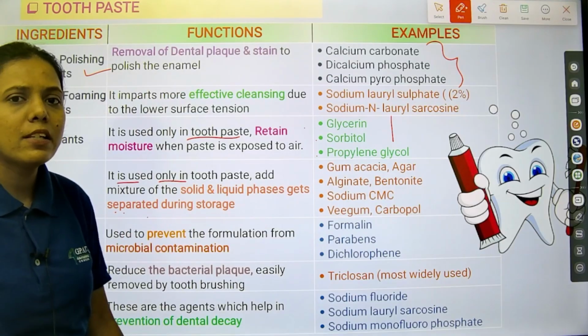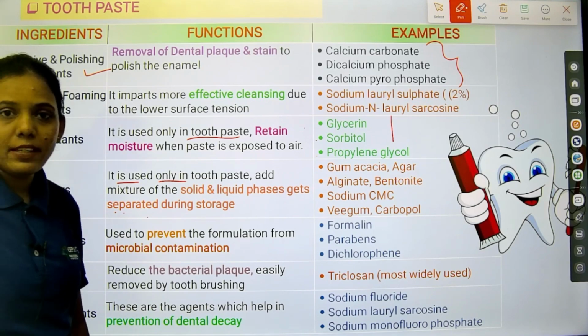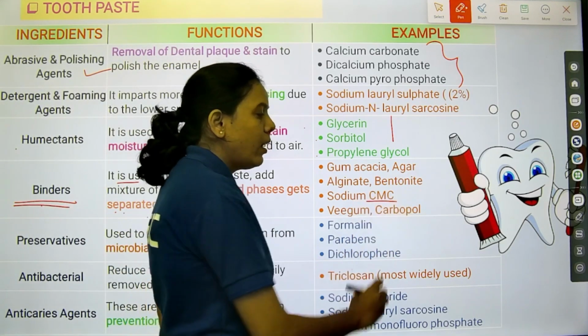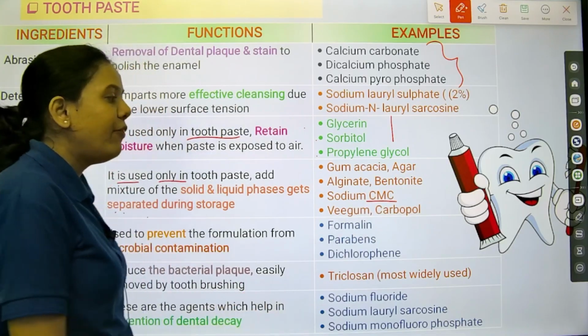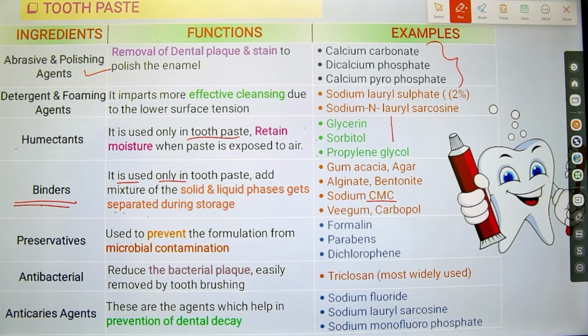So your examples are like natural and some are synthetic. So tragacanth, agar, alginate and bentonite, sodium CMC. CMC is your carboxy methyl cellulose, then MAS and carbopol. Okay. MAS is magnesium aluminum silicate and carbopol. So these are the binders which are generally used.